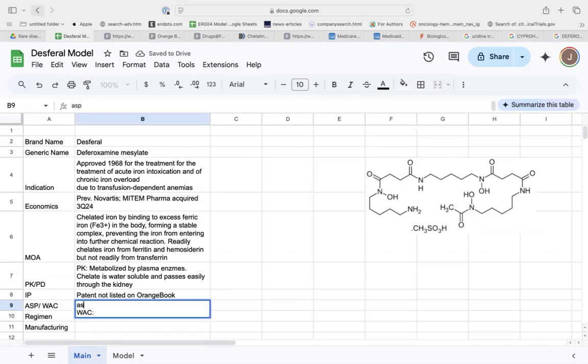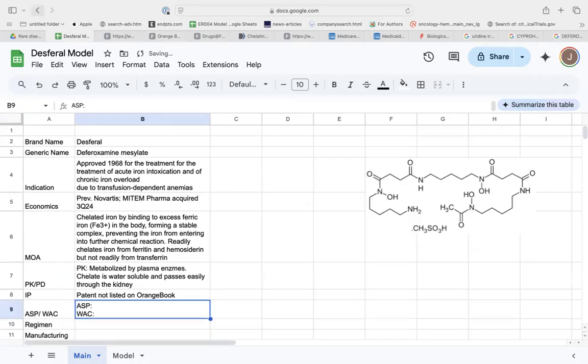So here ASP is average sales price and WAC is wholesale acquisition cost.